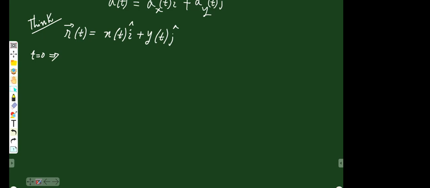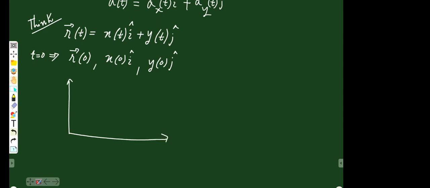T is equal to 0, you get r0 and you get x0 in i direction, you get y0 in j direction. So that means you have x0 in this direction, y0 in this direction, and this is your r of 0.